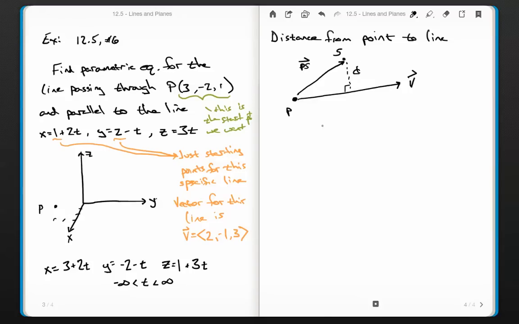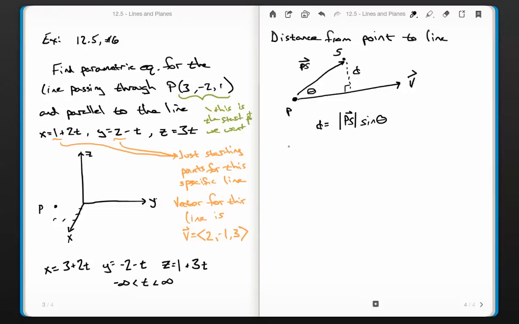D equals the magnitude of PS, which is this distance, times, if we draw theta in here, the sine of theta. Now, if we only knew the sine of theta, we'd have something to work with. But we recall that the cross product has to do with the sine of theta.